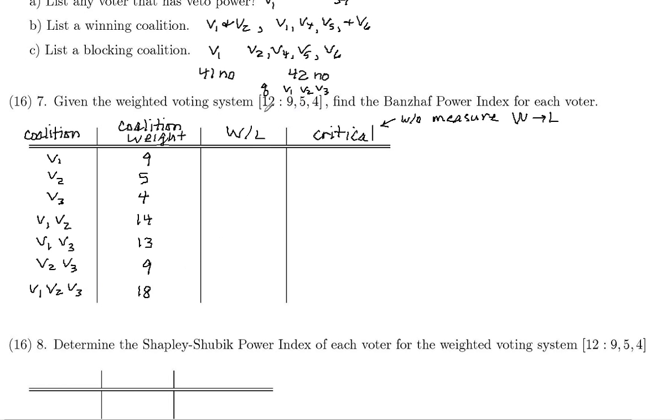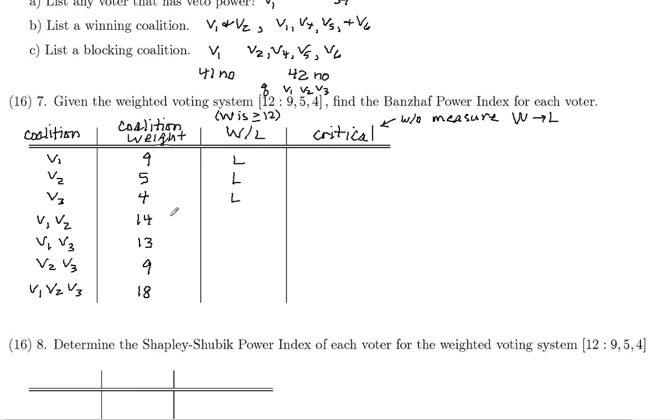And then we need 12 votes to pass the measure. So anybody that's above 12 is a winning coalition. So 9 is less than 12, so that loses. 5 is less than 12, that loses here. Win is greater than or equal to 12. That's how we're determining.